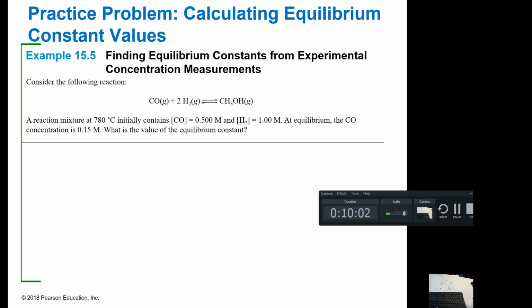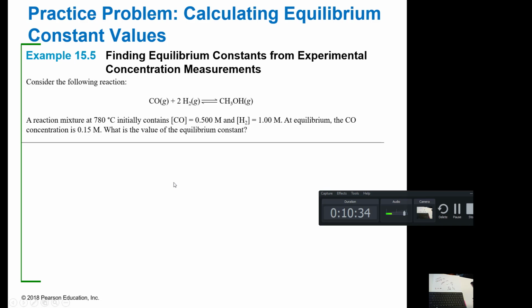We know the equilibrium constant K equals the equilibrium concentration of the product, which is CH3OH, divided by carbon monoxide times hydrogen squared. So we need the equilibrium constant. We don't know it. We know that at equilibrium, carbon monoxide is 0.15. That's what we know. So how do we do that?